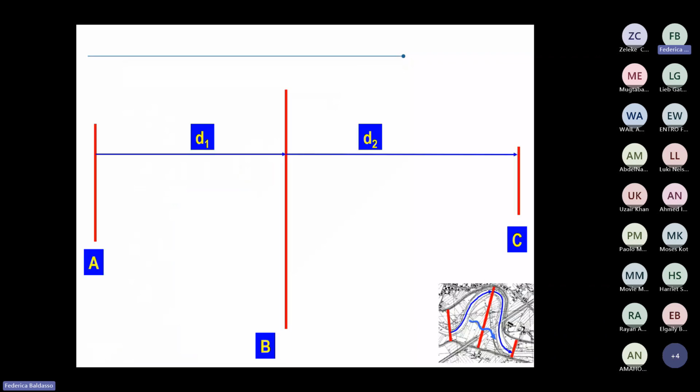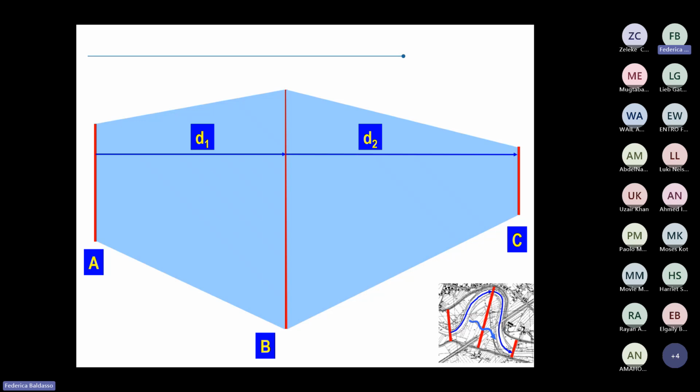We have cross sections A, B, and C, and D1 is the distance from cross section A to cross section B, and D2 is the distance between cross section B and C, and this distance is considered to be straight and perpendicular to the cross section. So if you consider the cross section like this, the distances of the overbank would be this.